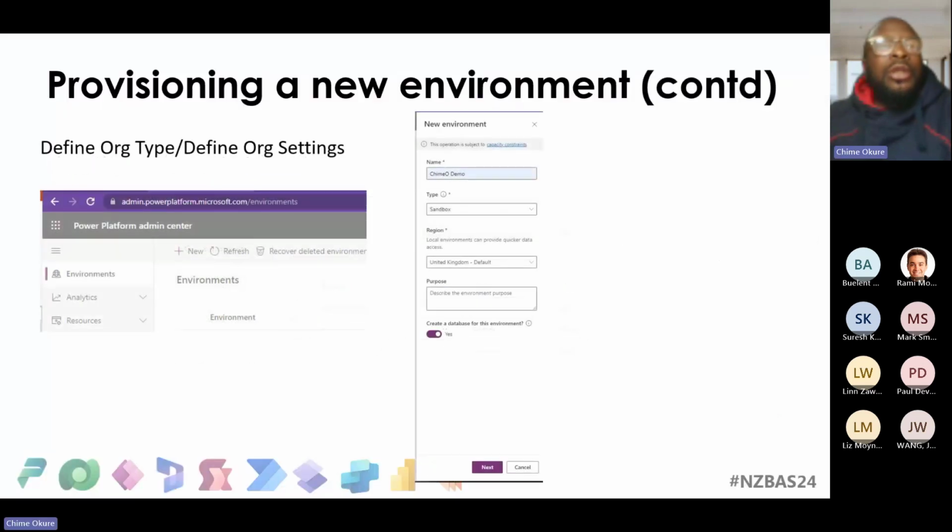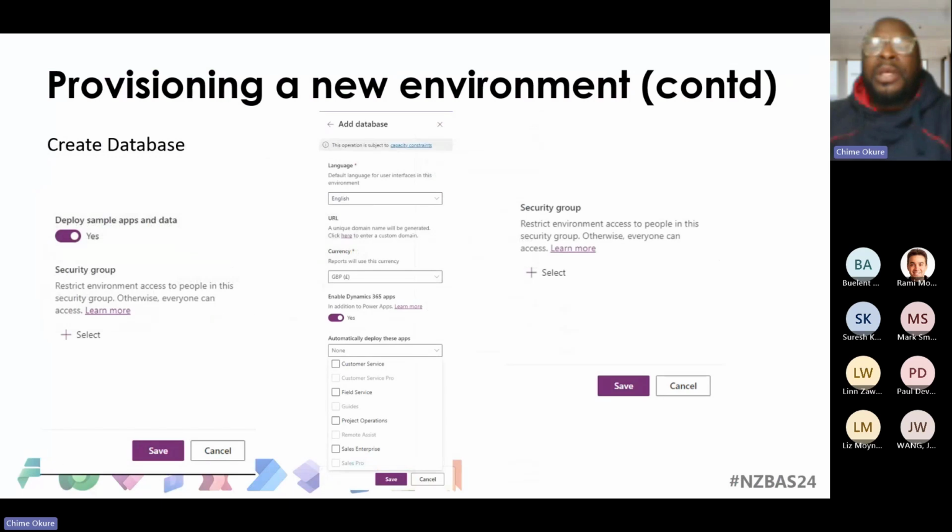Another step that you can do within your environment, like I said, is define your organization settings. What region do you want those environments to be in? Do you want to have a database? Do you want to specify a particular security group? So basically what that means is, do you want to restrict environment access to people in a particular security group?